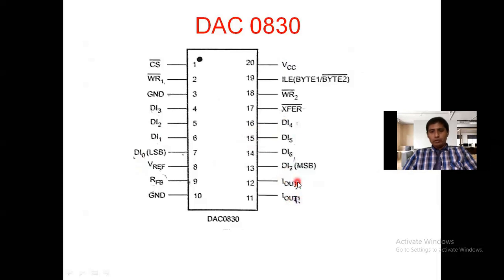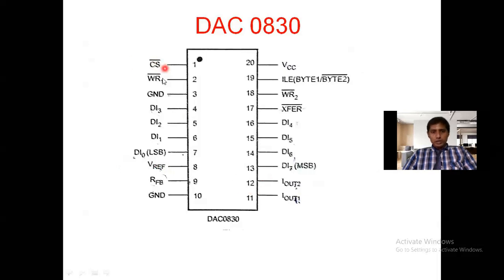The sum of IOUT1 plus IOUT2 should be equal to a constant. To convert these analog output currents into voltage, we use the feedback resistance pin RFB, connected to the shunt feedback resistance of the operational amplifier. Then we get currents as voltage. VREF is the reference voltage, and this pin should be connected to the analog reference voltage in the plus 10 to minus 10 volts range, with which we can generate the output.